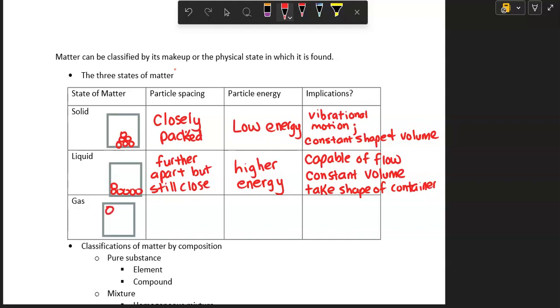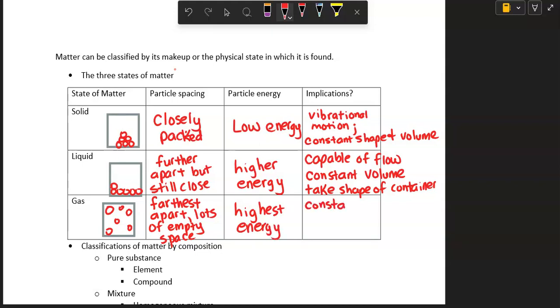And then finally, if we add enough energy, we get the gas state. So at this point, these are the farthest apart. They fill up the whole container. And because of that, it doesn't mean there's more of it. There's lots of empty space between the particles. And so these have the highest energy of any of the particles. And so our gas particles are in constant random motion.